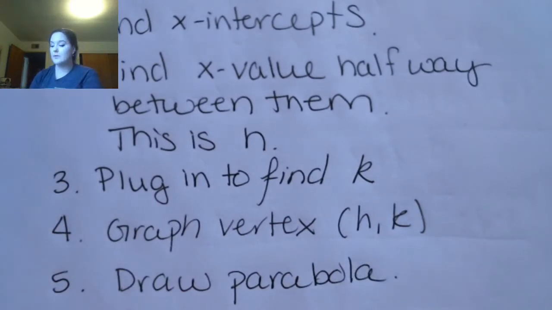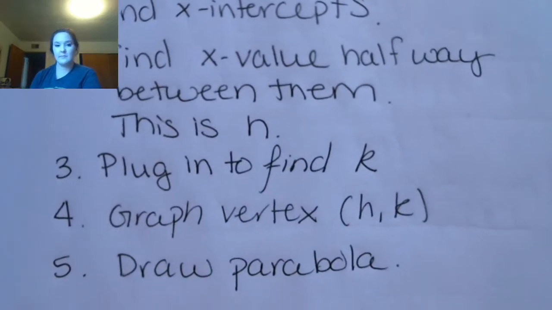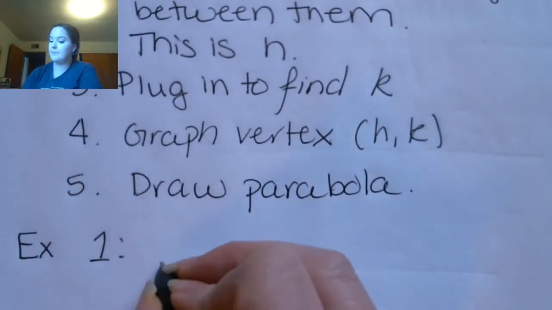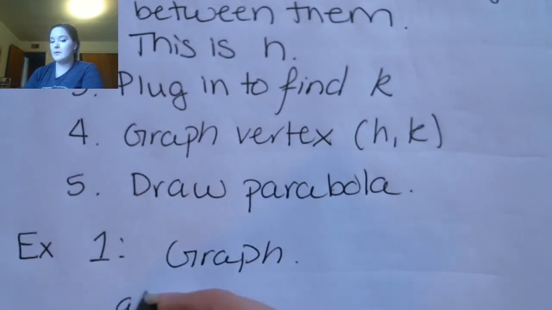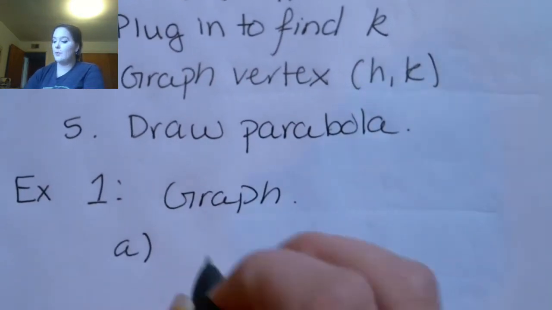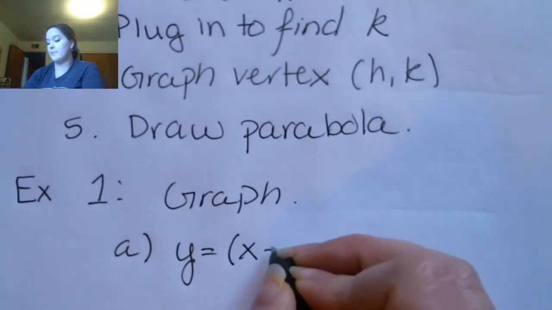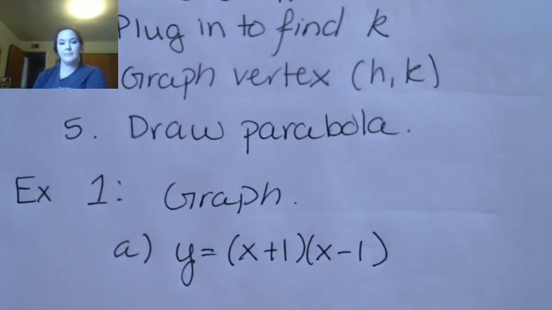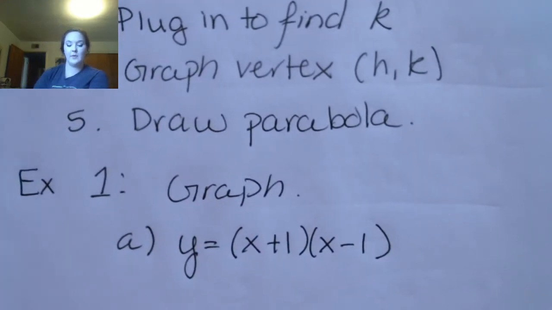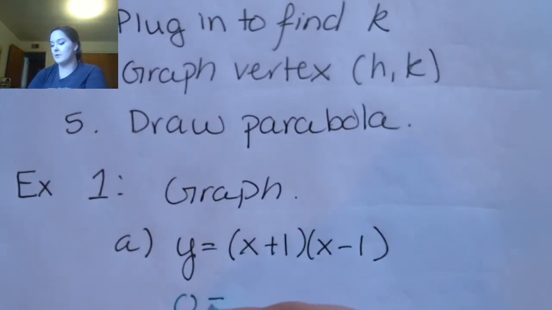Okay, so let's go ahead and practice this. So we're going to look at an example where it's already in factored form. So we're going to find the X intercepts, and we do that by setting Y equal to 0.